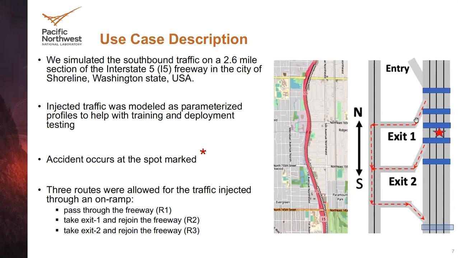And you see the different routes that are possible with this network. So you can pass through the freeway, or you can take exit 1 and rejoin the freeway, or you can take exit 2 and rejoin the freeway, which is what we use when we do the detouring. And the red star is where the accident happens between exit 1 and exit 2. These are all simulated within SUMO.